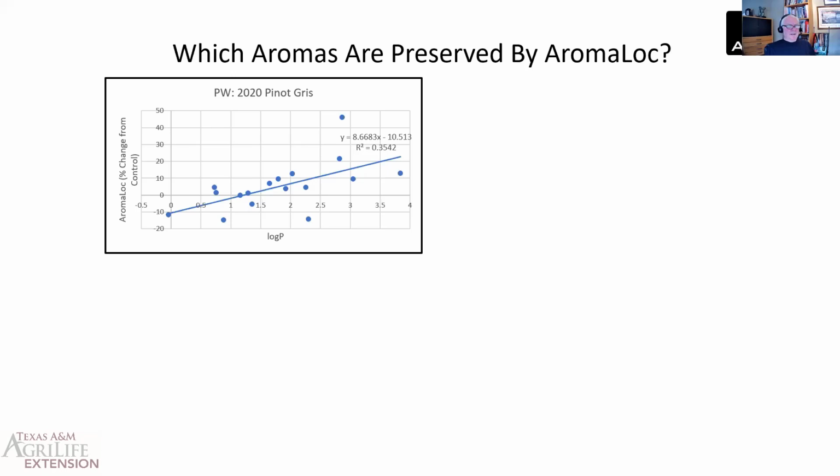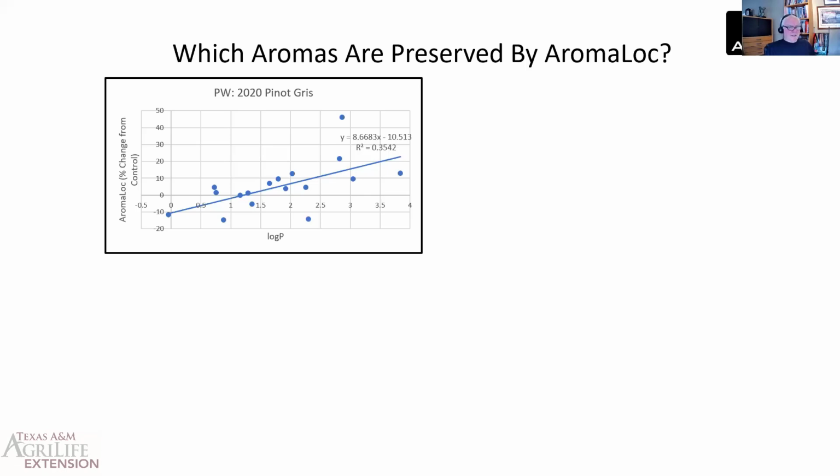And that wine was bottled, but not filtered. Okay, so this is Pinot Gris that's only a few months old. We sent samples of that along with its control down to Ontario for this analysis. And like I say, we just got this data back. I believe this was data that I received toward the end of December.